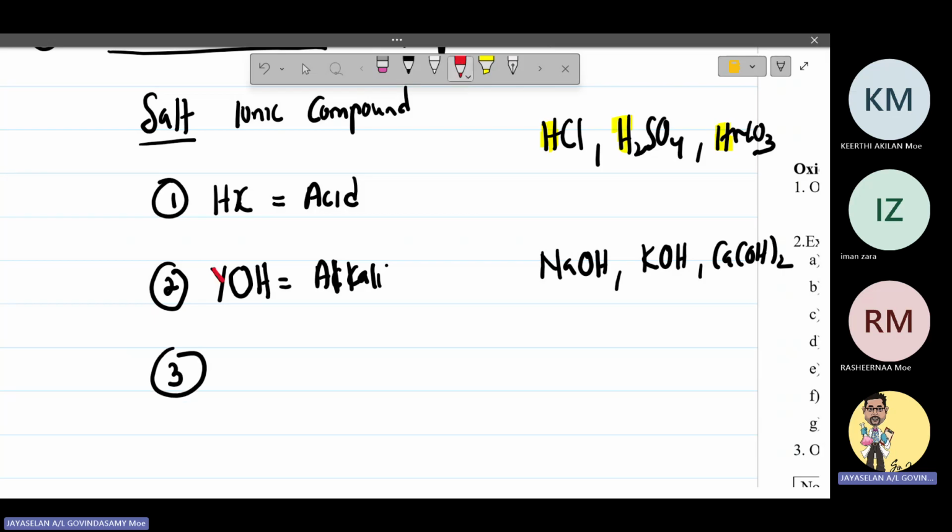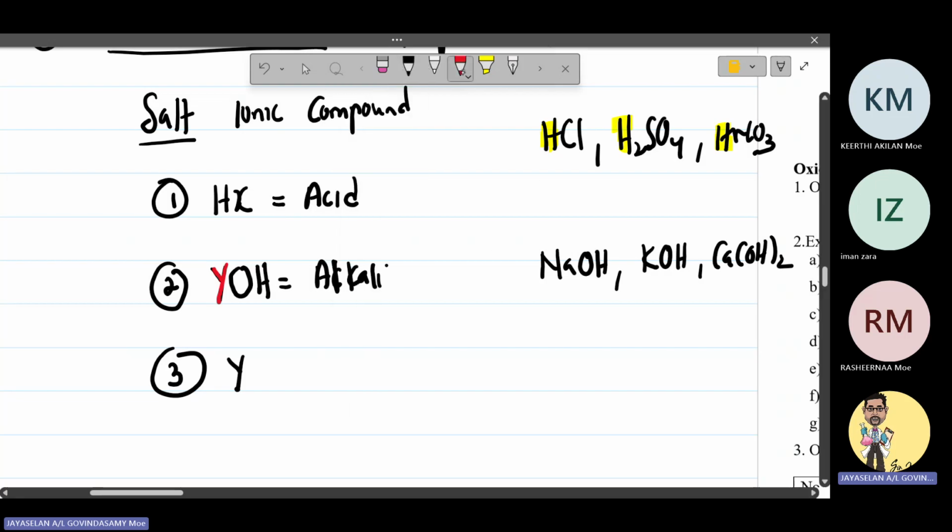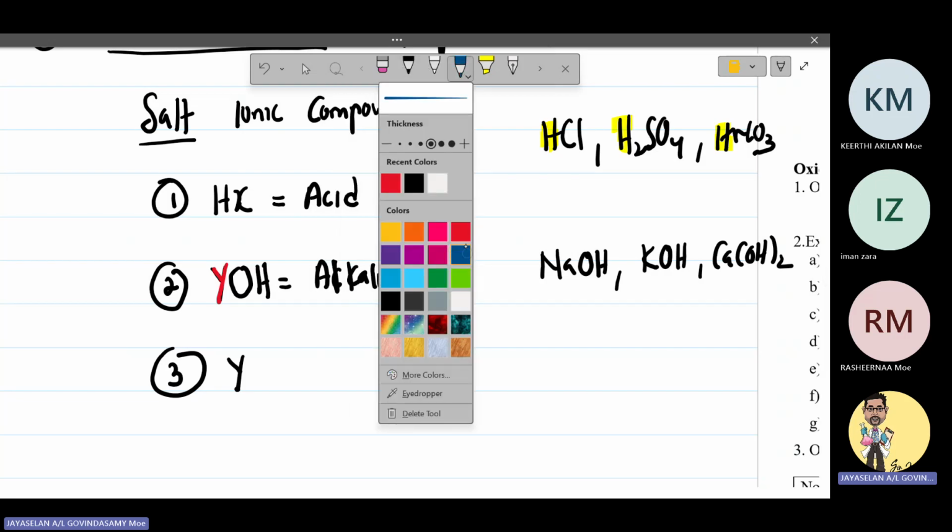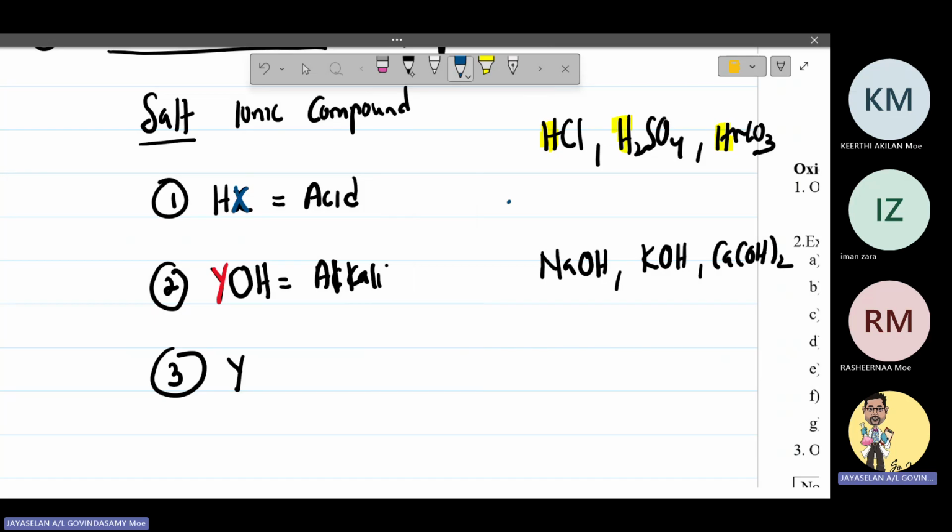Okay, so point number 3. I take the Y here, then I take the X. Listen, when the X and Y combine, this is what? Salt. This is salt. I take the Y, sodium, I take the chloride, sodium chloride. That means in salt there is no hydrogen ion and no hydroxide ion.